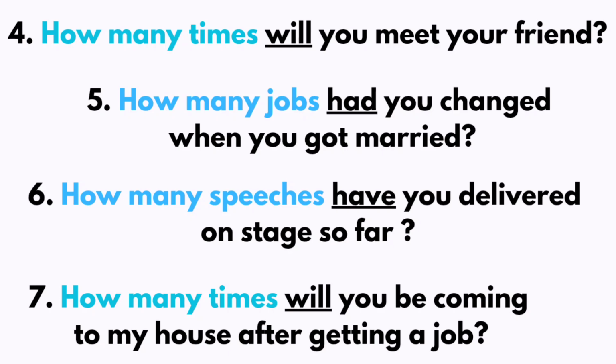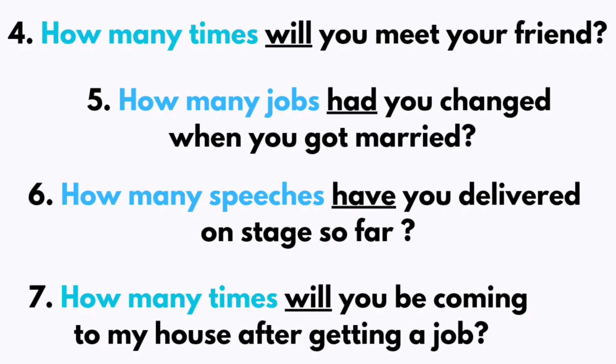They are completely different. So far we have discussed 4 examples and I have used how many times in all sentences, right? Here I have made a little change. Instead of using how many times, I have used jobs, speeches. We'll see examples.